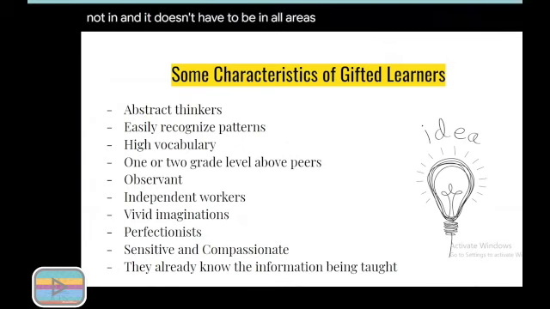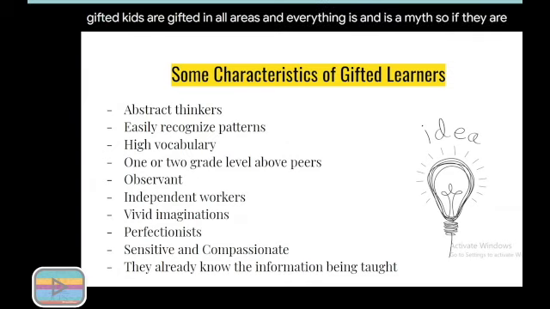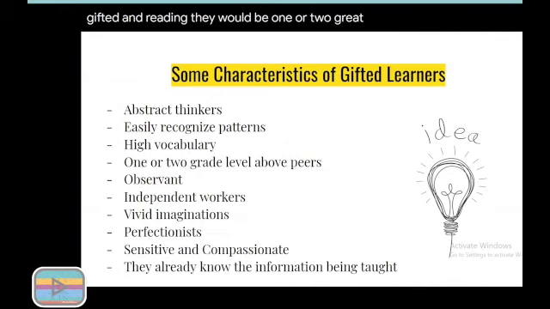Depending on what area they are identified in, they would be 1 or 2 grade levels above. The idea that gifted kids are gifted in all areas and everything is a myth. So if they're gifted in reading, they would be 1 or 2 grade levels above, but they might not be in math or science or social studies.